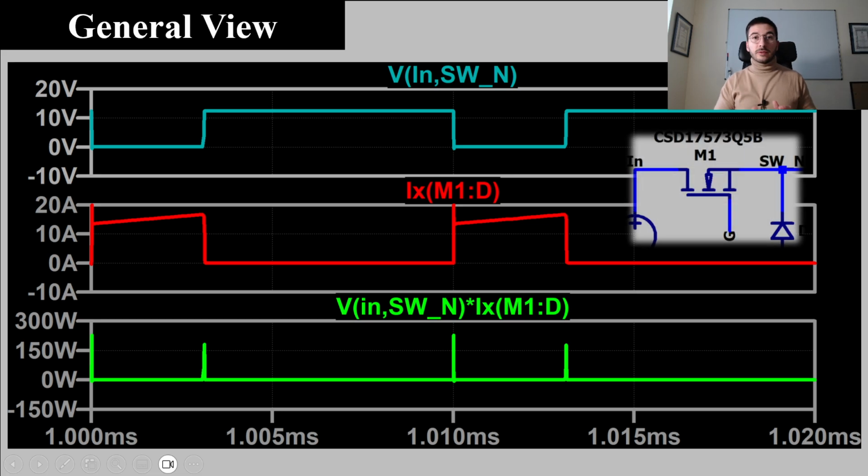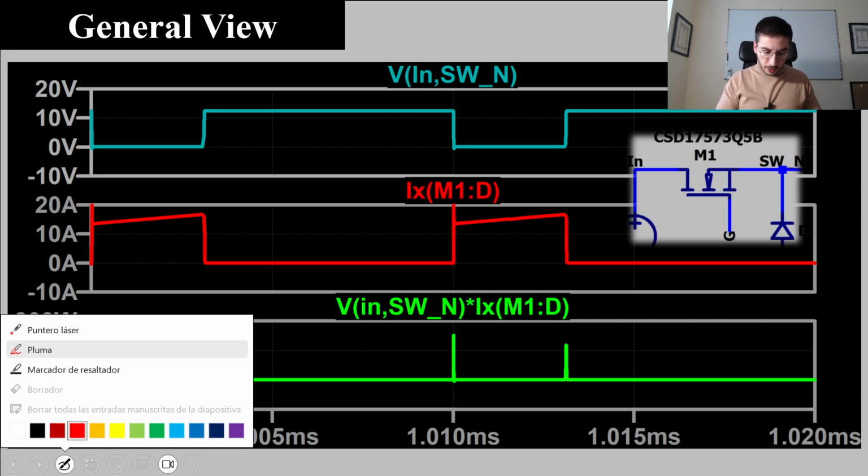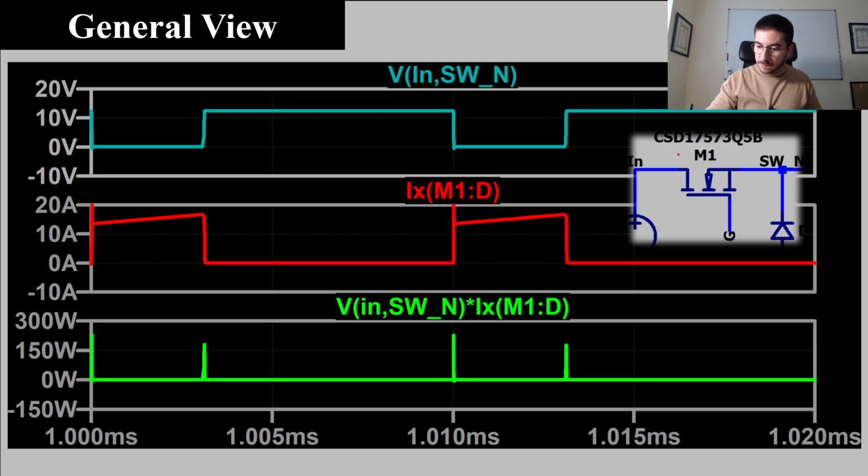So first of all, when we want to evaluate the power losses of a MOSFET, we have to consider the voltage across the device, this one, and the current through the device, this one. We are representing the waveforms during two switching periods, as we typically do.